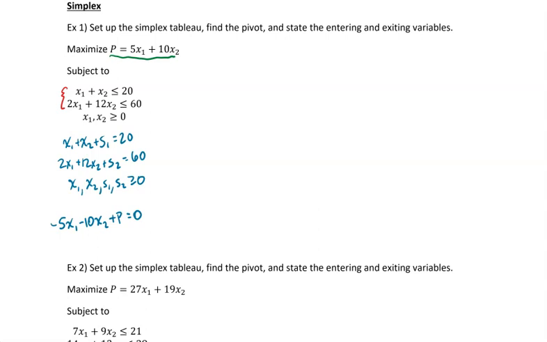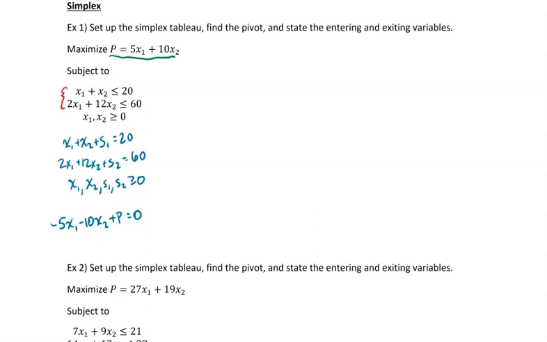Once we have that, we are ready to actually set up this tableau. So first thing we're going to need, just to start getting the basic shape, is we're going to need all of our variables and a space for those numbers like the 20 and the 60 that are on the right side.